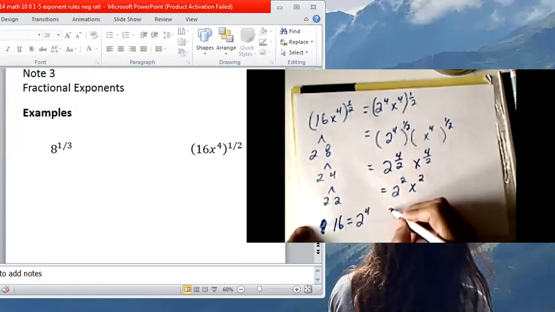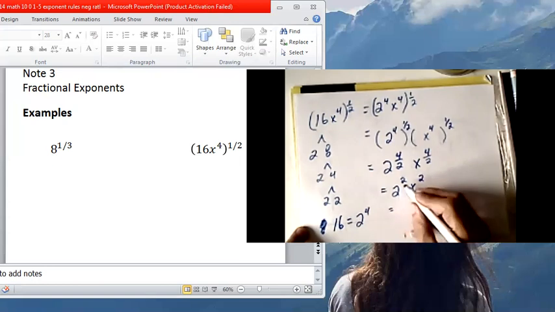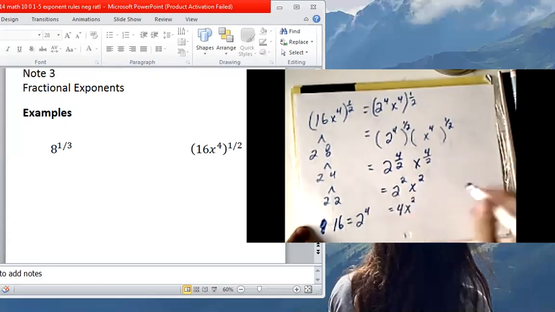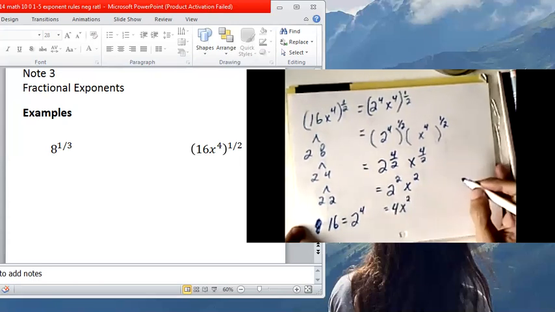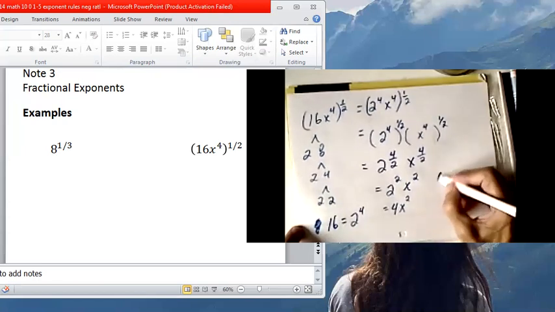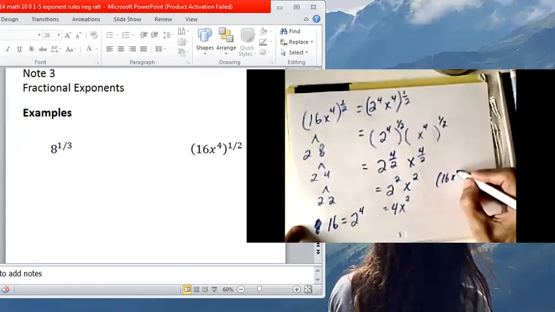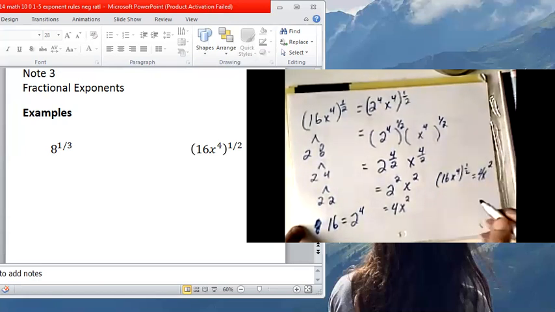All right, so you can simplify the number. 2 to the power of 2, 4, x squared. So as a professional looking final answer, what is this thing? That is equal to 4x squared. Done.